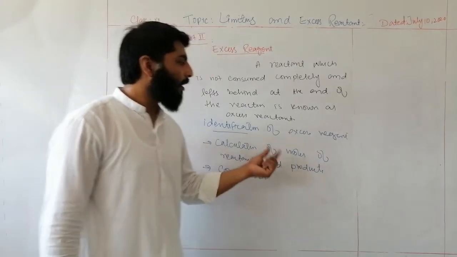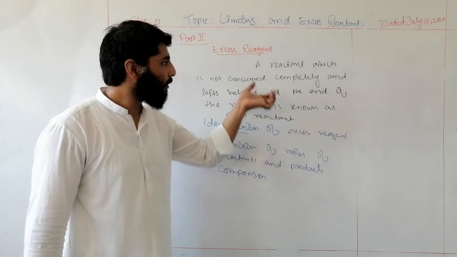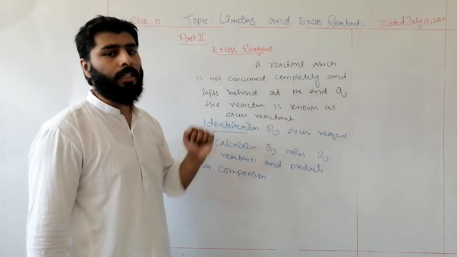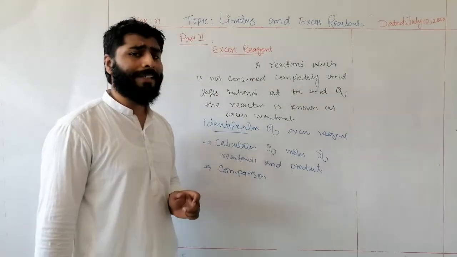Then, after finding the limiting reagent, the reagent other than the limiting reagent will be the excess reagent. Then how can we find the amount of the excess reagent?